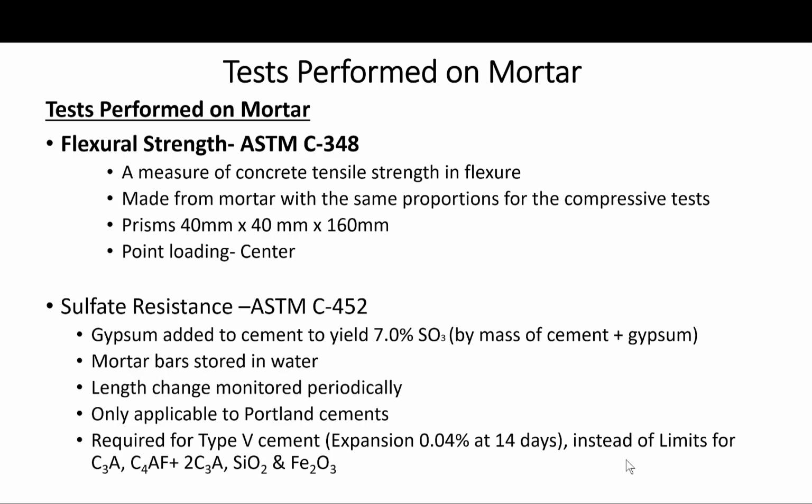In ASTM C348, specimens are cast in the form of 40 millimeter by 40 millimeter by 160 millimeter long prisms. The proportions and mixing of the mortar are the same as for the compression test cubes. The specimens are then tested in flexure, with center point loading, and the flexural strength is calculated.